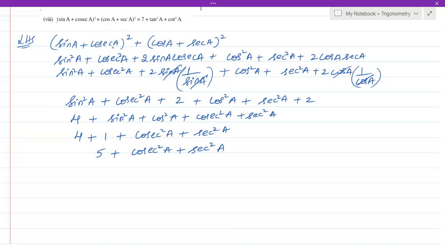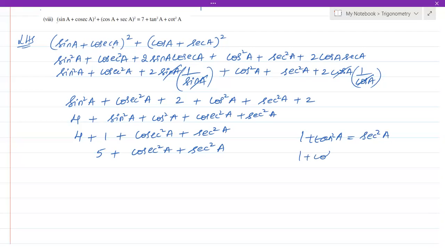The final answer, if you observe, that is the RHS, is in terms of tan and cot. So can I get tan and cot using this cosecant and secant? Yes. Actually, if you remember, 1 plus tan² A is equal to secant² A, isn't it?